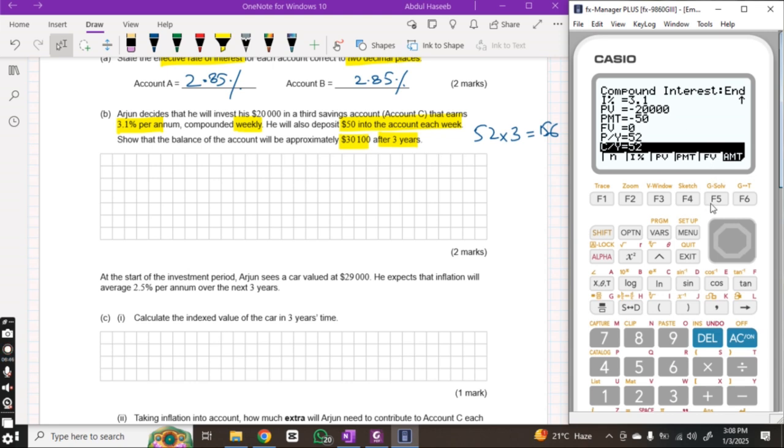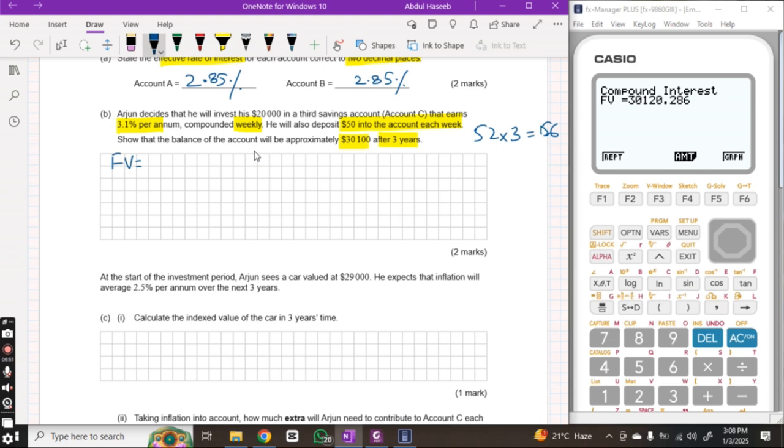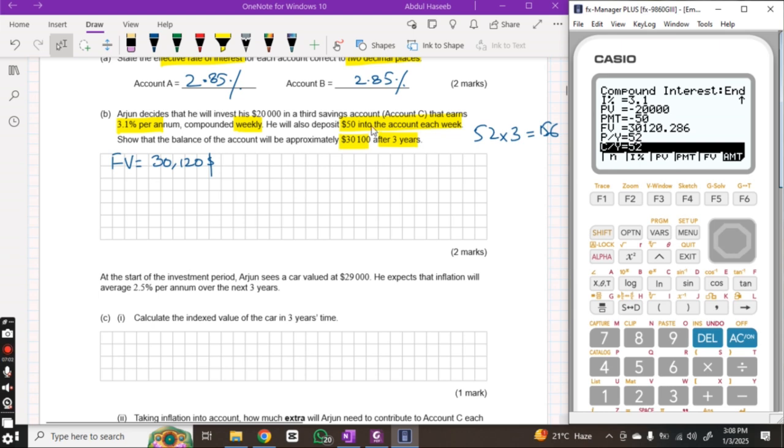So pressing F5, FV comes out as $30,120. So that's pretty much what we need to show. Also, in our working, we should mention what the inputs to the calculator were, so that we get the marks.